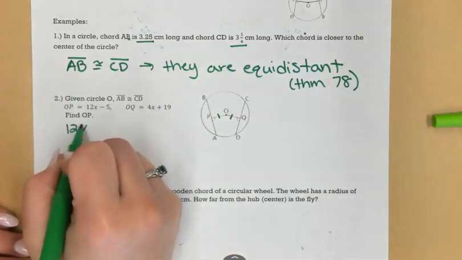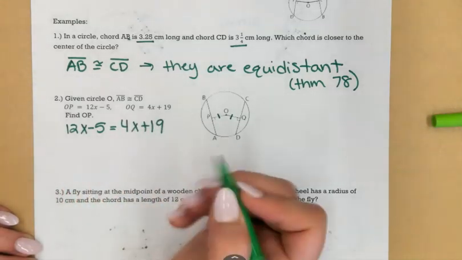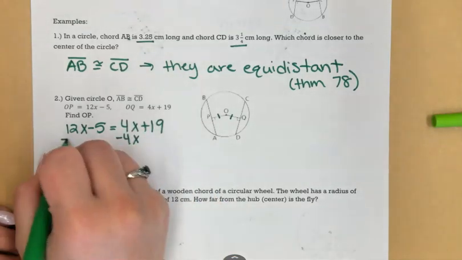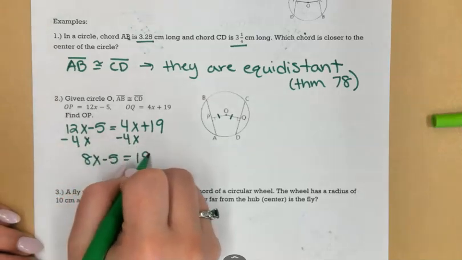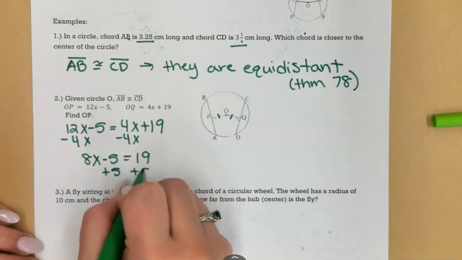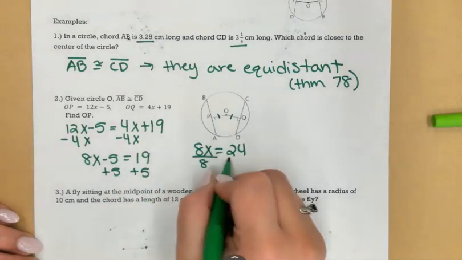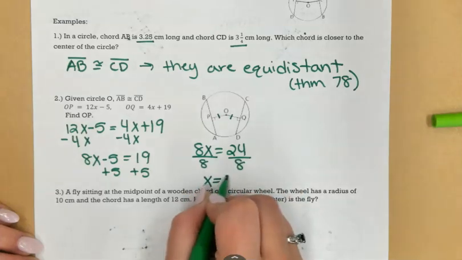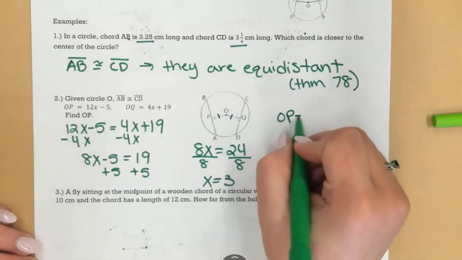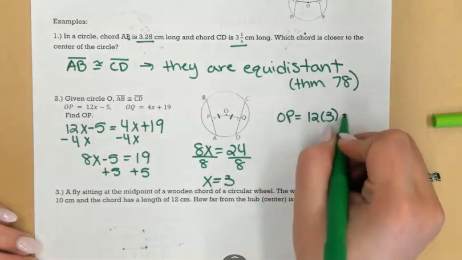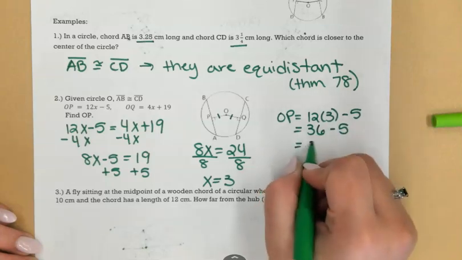So that means I could say that 12x minus 5 is equal to 4x plus 19, and I can just solve this equation for x using algebra. So I now know that x is 3, so to find OP, I'm going to plug it in here. So 12 times 3 minus 5, that's going to be 36 minus 5, which is 31.